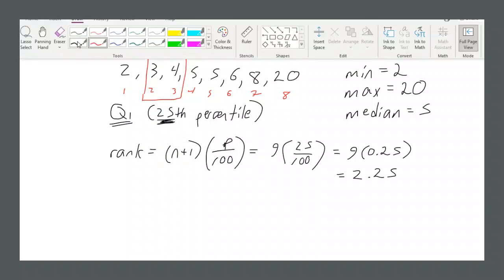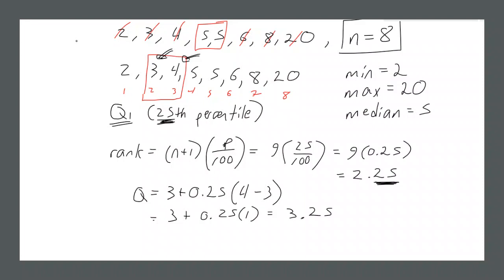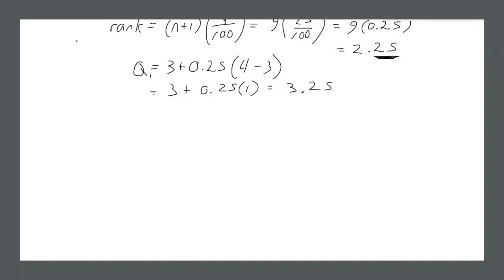So Q1 is going to be the number at rank 2 plus 0.25, because that's the decimal value right there, 0.25 of the difference between the third data point, which is a 4, and the second data point, which is a 3. So that's going to be 3 plus 0.25 times 1, which is 3.25. That is our first quartile.